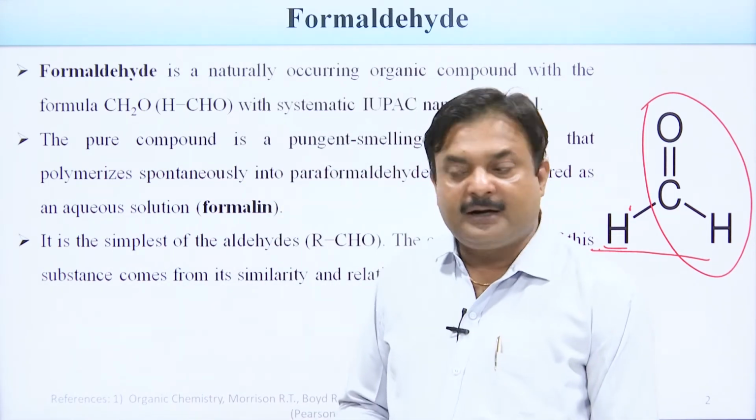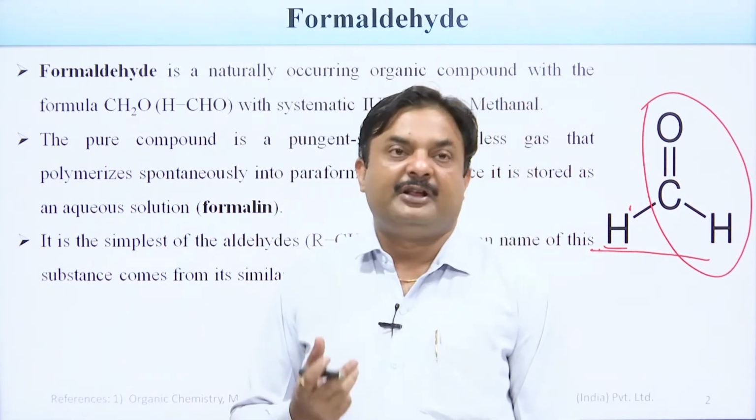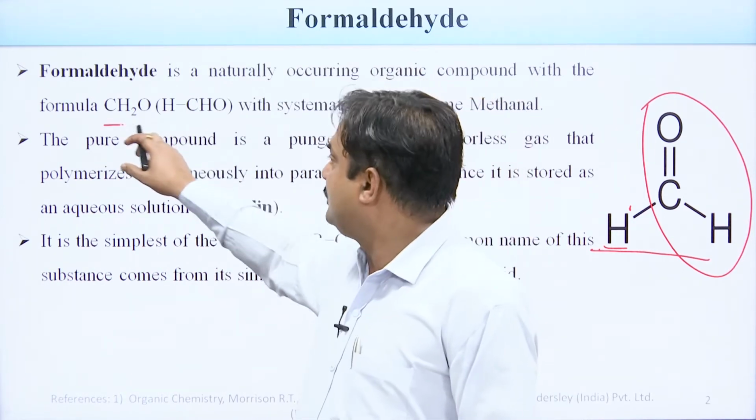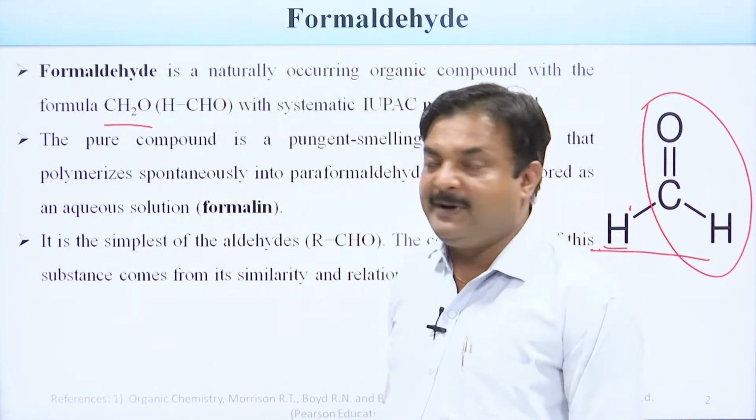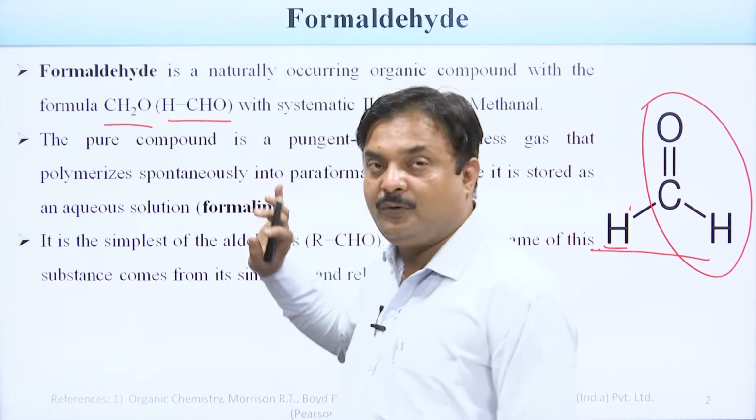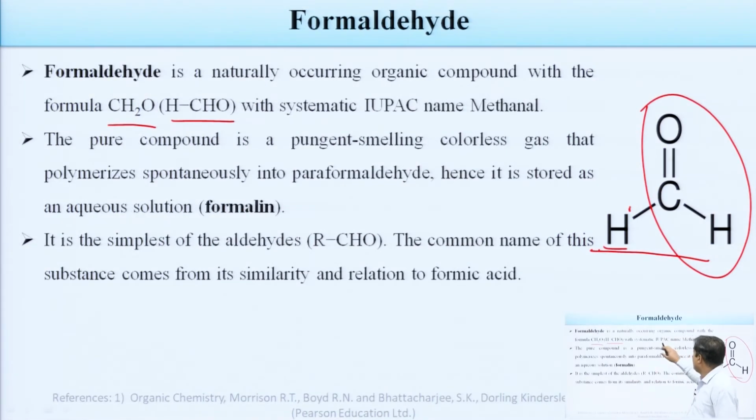It is a naturally occurring compound with the formula CH2O, which can also be written as HCHO, with the systematic IUPAC name methanal. You know that if an aldehyde is present, we use the suffix al, and only one carbon is present, so it is methanal.